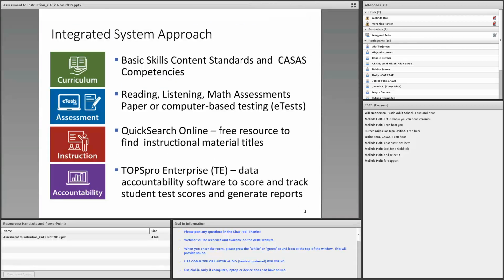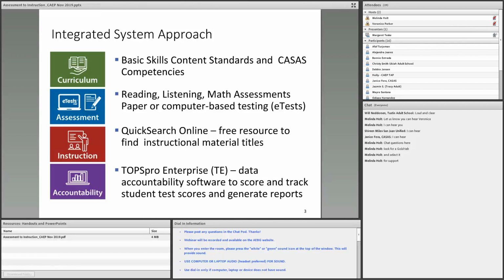CASAS is an integrated systems approach, so we do look at curriculum, assessment, instruction, and accountability. We have basic skills, content standards, and CASAS competencies. We have assessment, of course, in reading, listening, and math. And we have Quick Search Online, which is a free resource really intended for instructors to find appropriate instructional materials that would match with any areas of concern through the content standards and competencies.